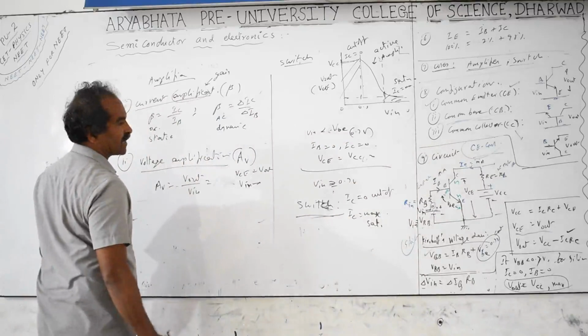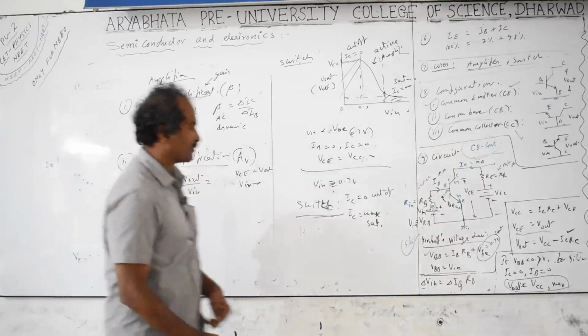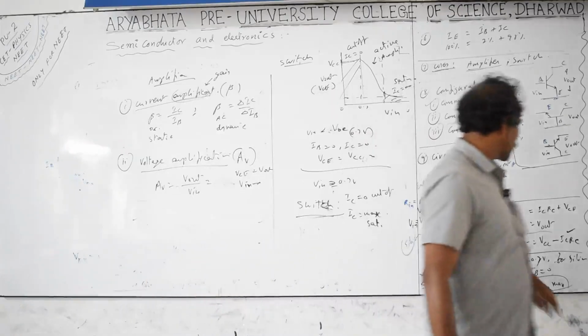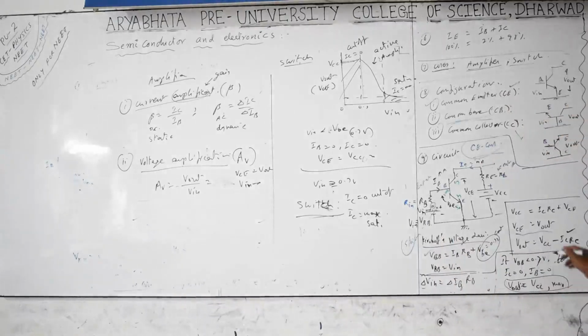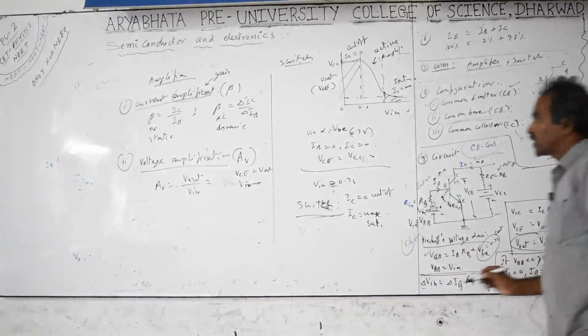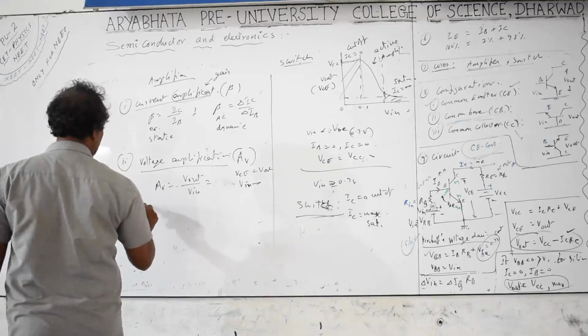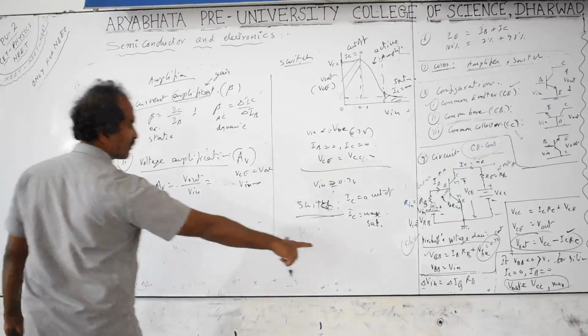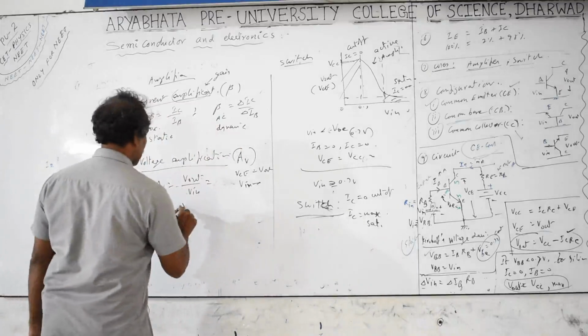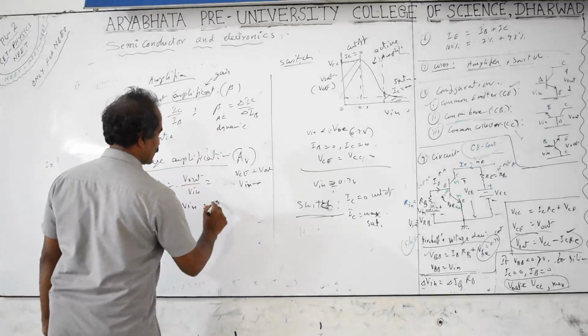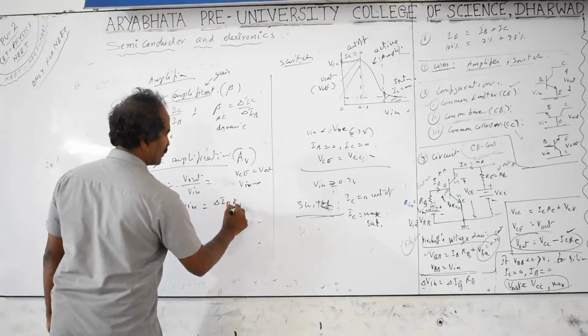V equals IR, the term we have, and we can also take the relation from this. What is V out? When you are taking the changes, if you are considering dynamic values, delta V in is equal to delta IB into RB.